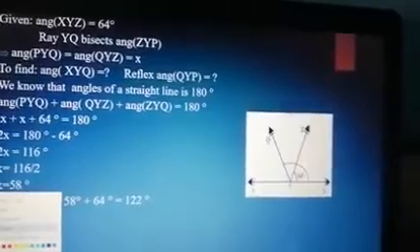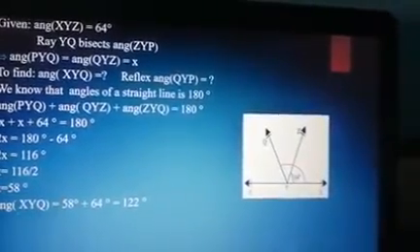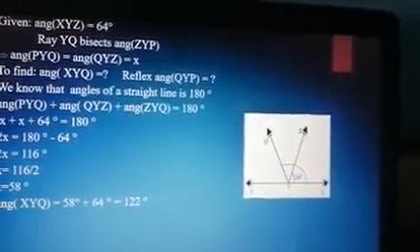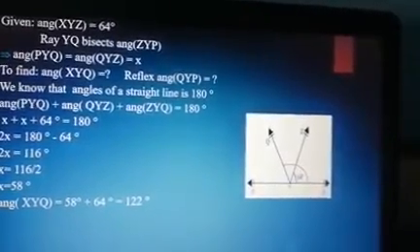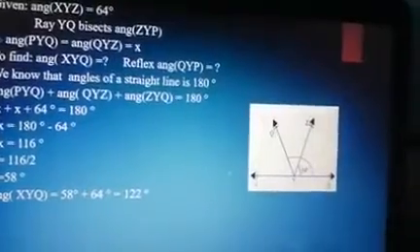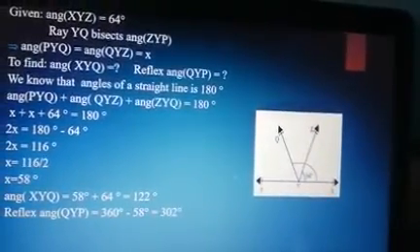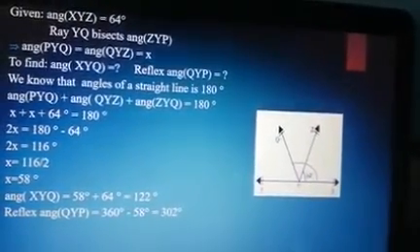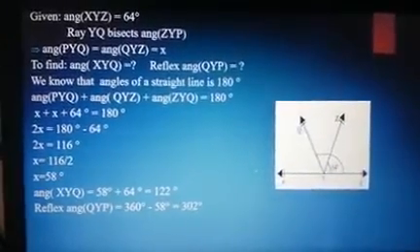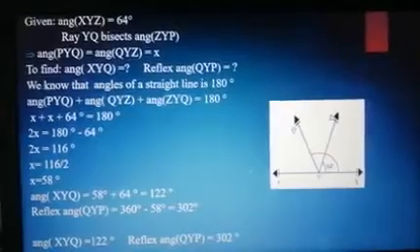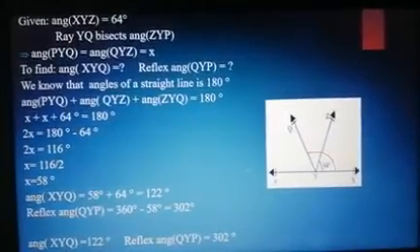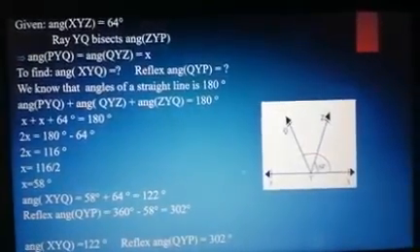Because this is what we just found, which is 58, the reflex of this should be 360 minus 58. So that's what I've done in my next step. 360 minus 58 is equal to 302. So this is about the problem. We have found the XYQ as well as the reflex angle, which is 302 degrees.